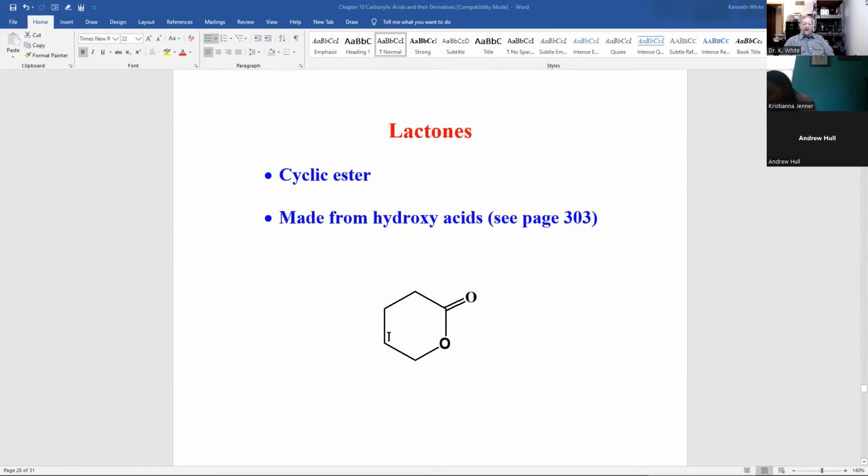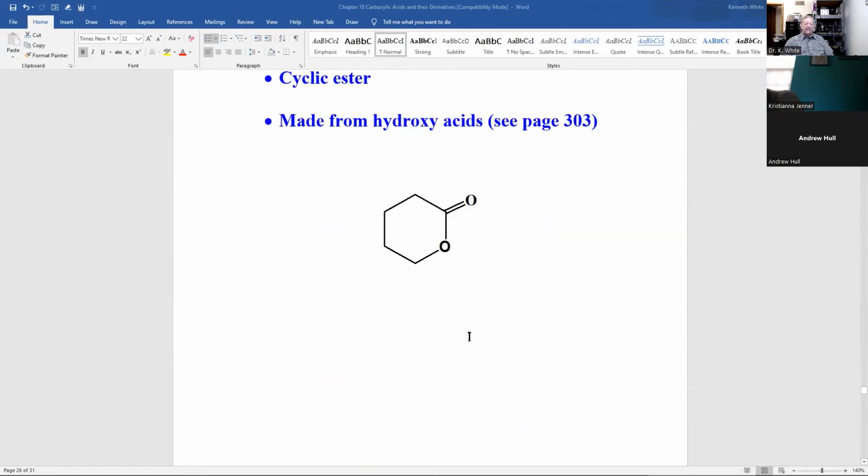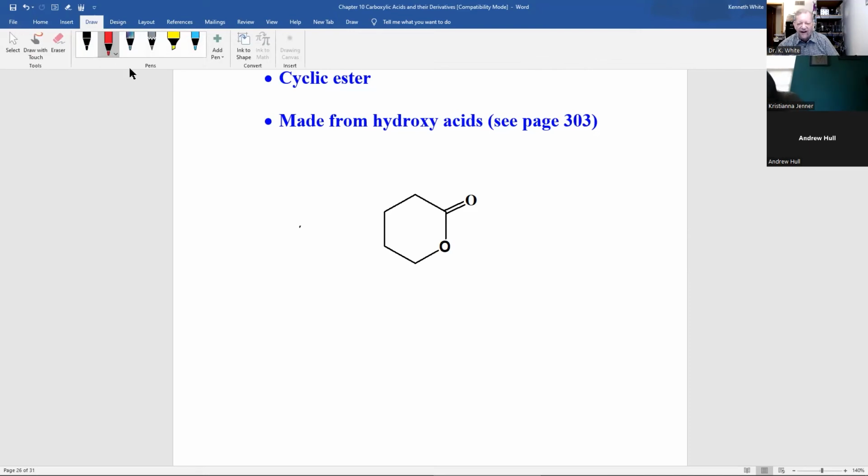All right, switches off. Just a little background. Everybody see on the screen lactones? Lactones are cyclic esters. They're made from hydroxy acids. And here's an example of a lactone. Let's take a look at this. Notice here I have, let me go to a different color ink, a carbonyl carbon, oxygen, carbons here, carbons here.